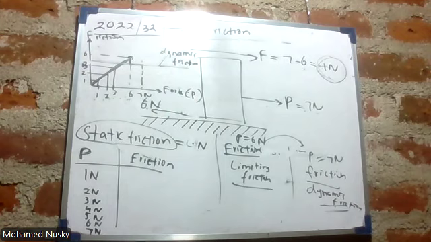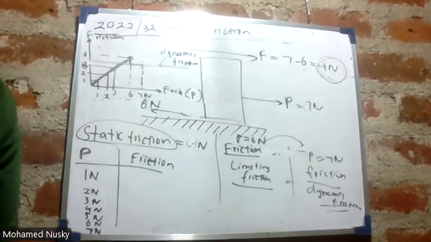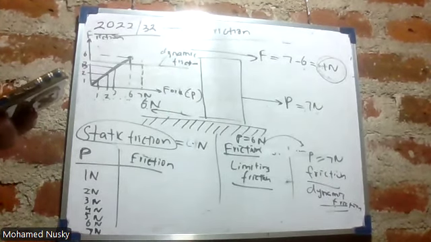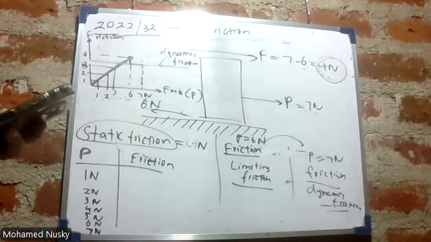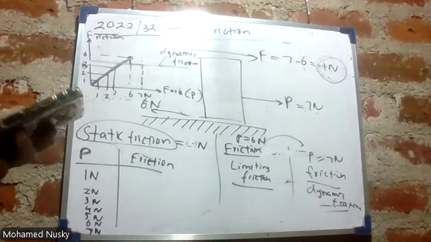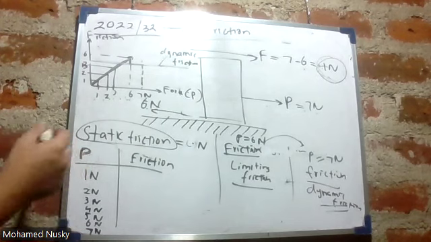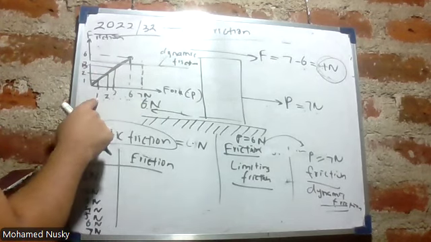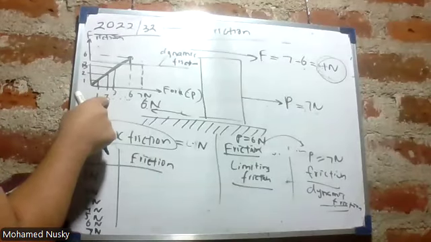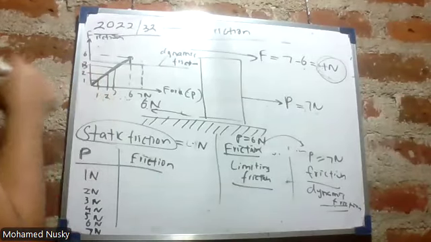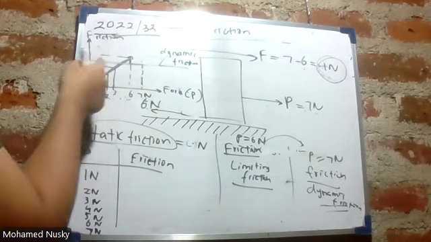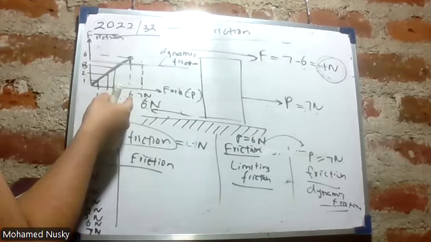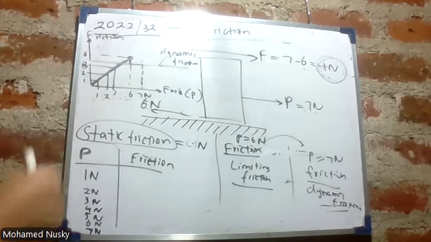Okay, now we'll read the statements. The first one says the friction takes a constant value continuously from the beginning. That's wrong. When I apply 1 Newton, static friction is 1 Newton. When I apply 2 Newton, static friction is 2 Newton. When I apply 3 Newton, static friction is 3 Newton. When I apply 6 Newton, limiting friction is 6 Newton.